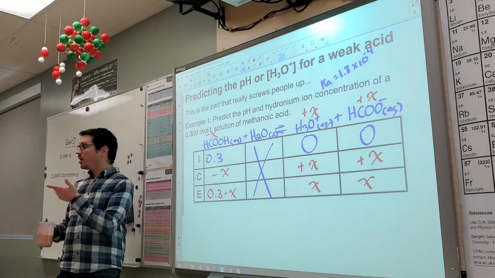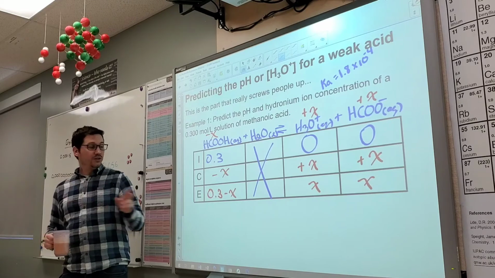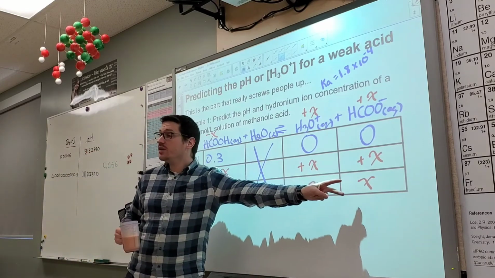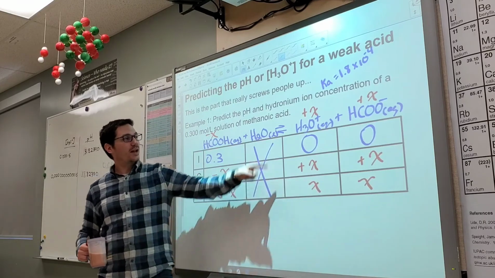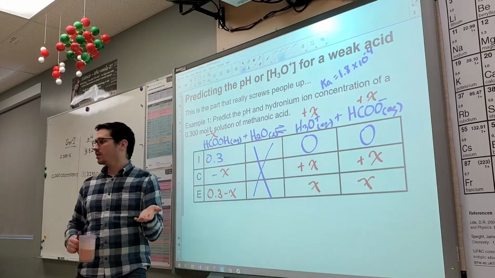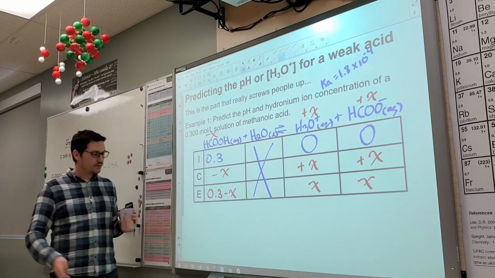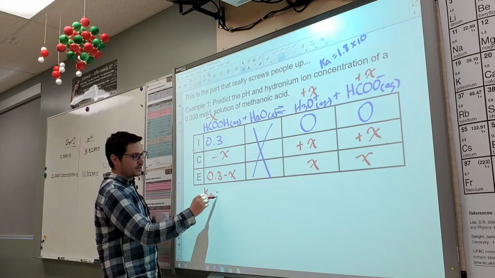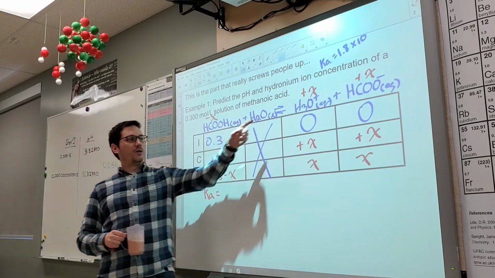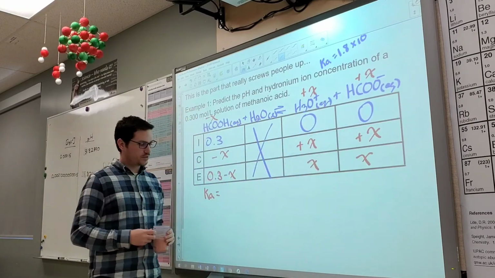Can you use these values, even with the x's in here, and make that equal to the Ka? Yeah, you can. You absolutely can. So the Ka is equal to our products, right?